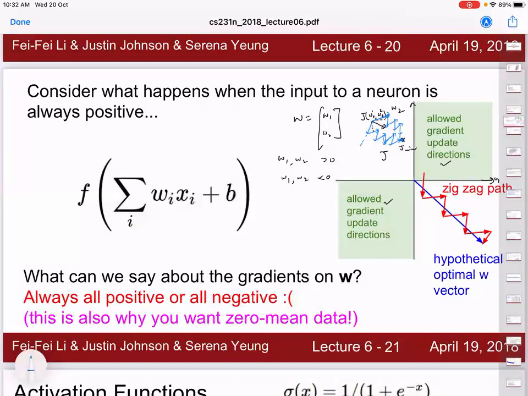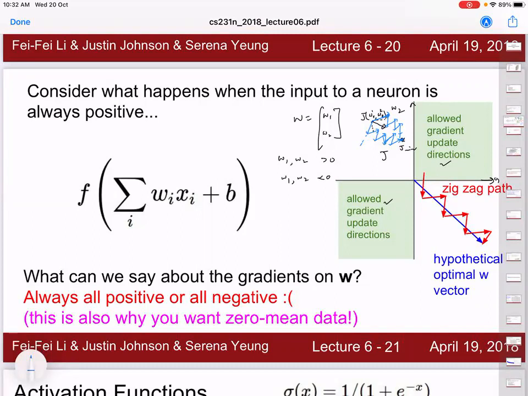Yes. Can you give any suggestion to combat this kind of issue in weight updates? There are two ways in which we can overcome this difficulty to have better updates. What are the two suggestions?